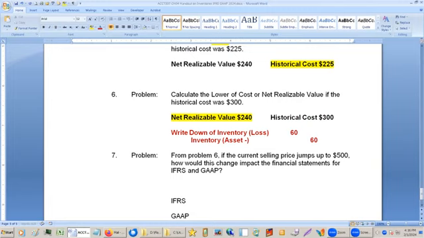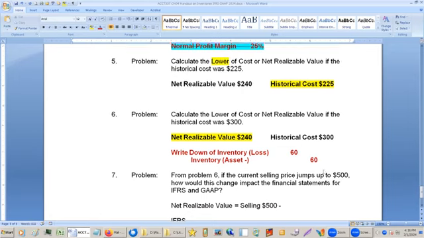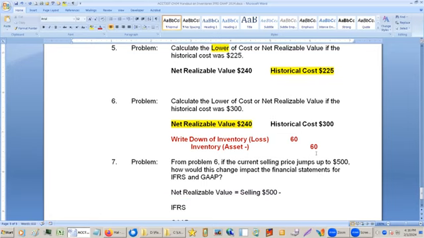So now the net realizable value is the selling price, 500, minus the selling costs, $20.